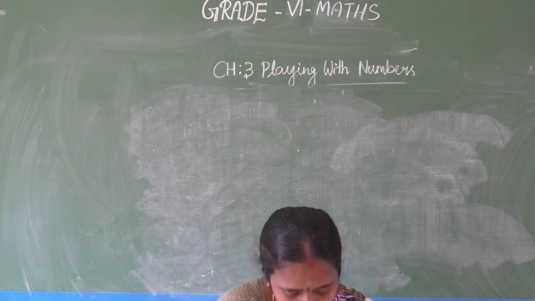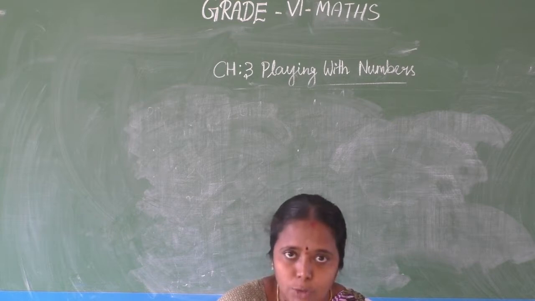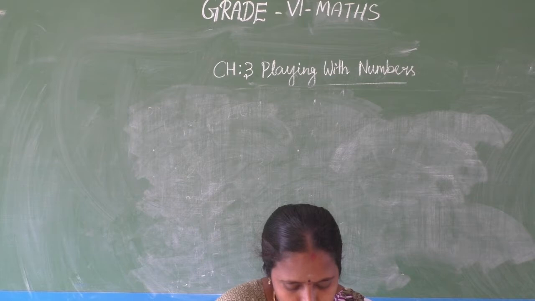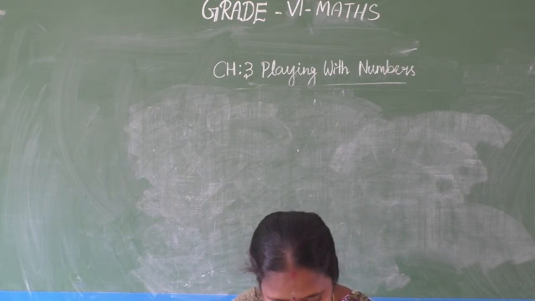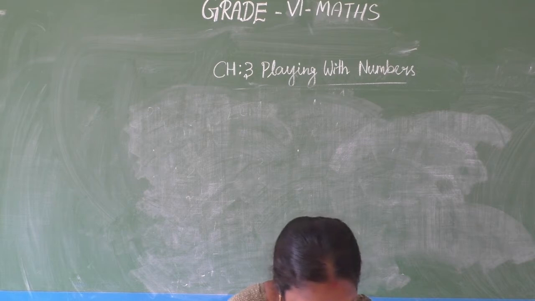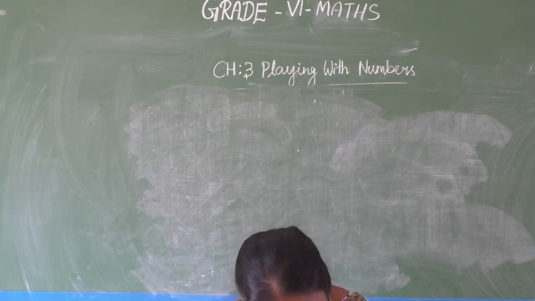Come to the 4th question. Determine the smallest 3-digit number which is exactly divisible by 6, 8 and 12. What is the question?